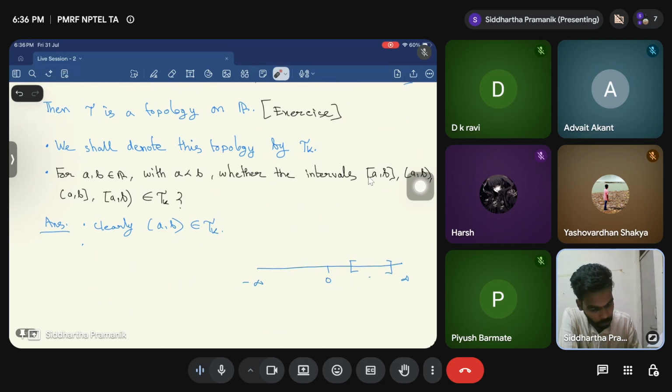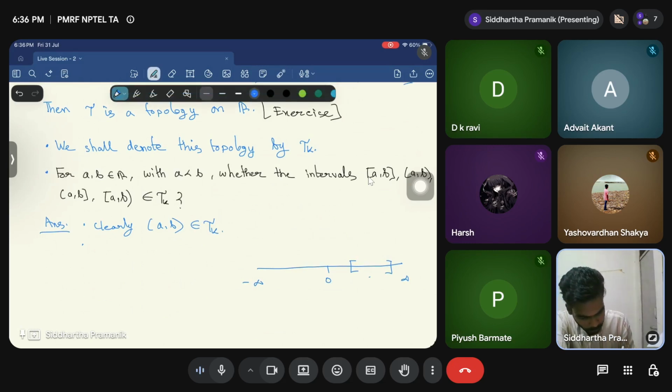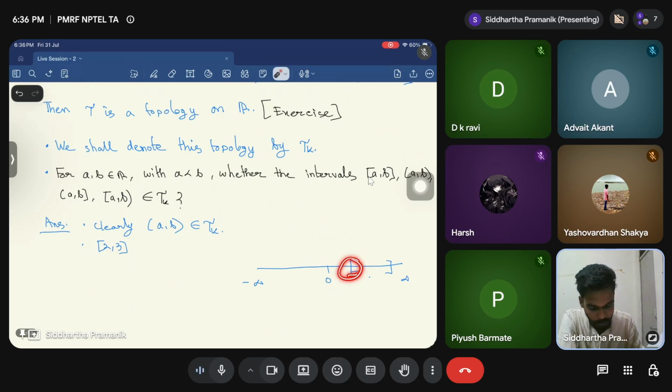So for this closed interval, let's take the closed interval [2, 3]. Then what can you say? Does it belong to tau k? Just focus on the end points, because for the open interval it is already there. So we need to focus on these end points, 2 and 3.